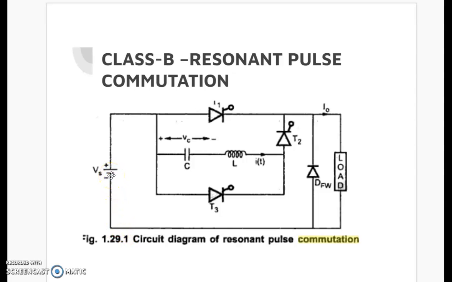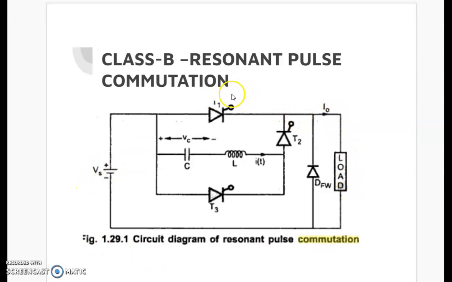At the same time, the current also flows via the capacitor and charges the capacitor. We are giving gate pulse to the first SCR, but we are not giving gate pulse to the T3 SCR. So the current flows through T1, the first thyristor, to the load and back to the negative, and the current also flows via the capacitor, the inductor, T2, and also to the load and comes back to the negative.